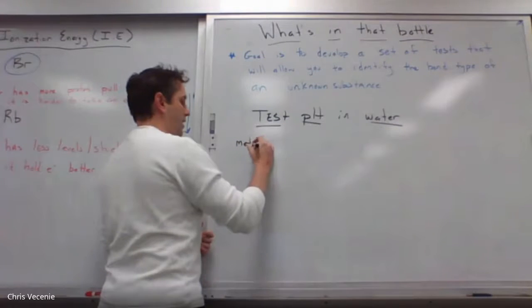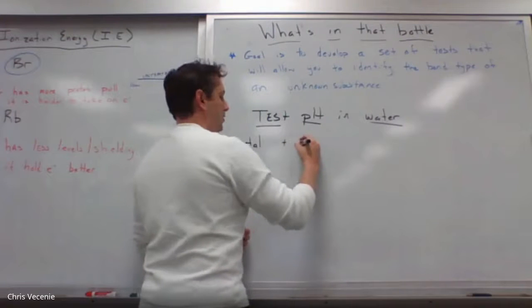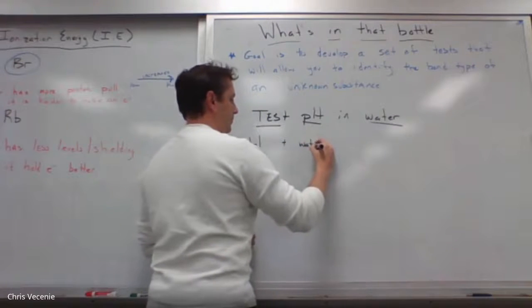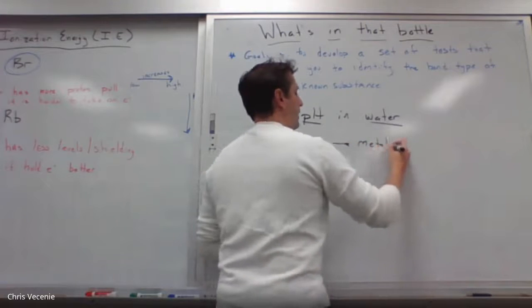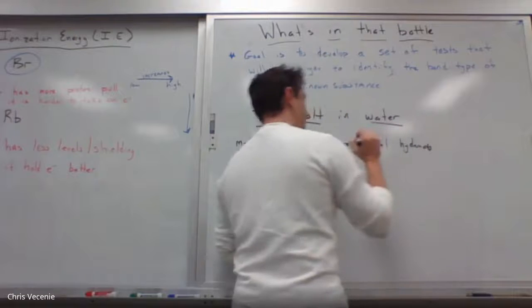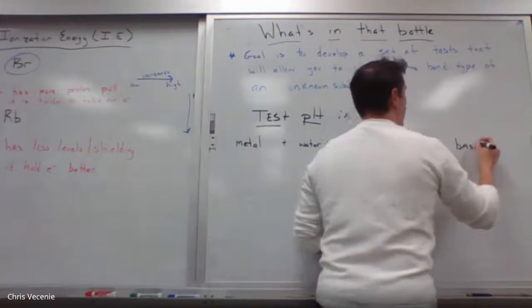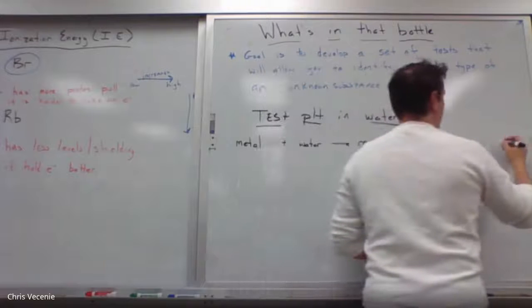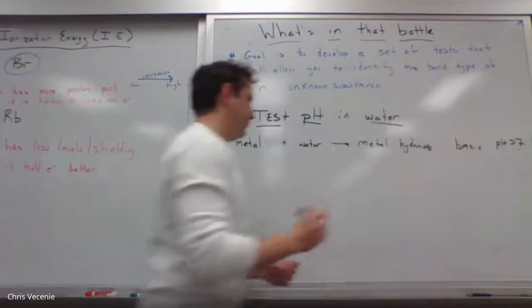If I put a metal plus water, I will get a metal hydroxide. And because it's a hydroxide, it'll be basic. I will get a pH of greater than 7.